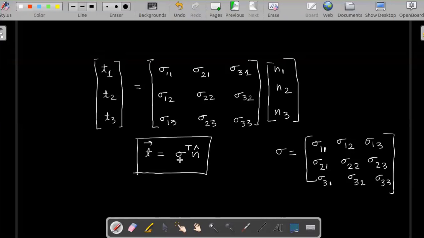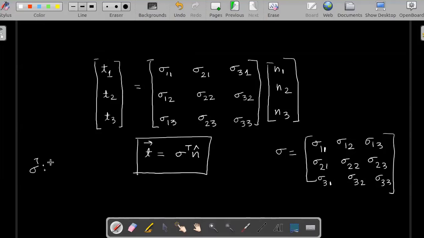But the question is, what is the unique thing in this? We all know sigma is the stress component, so what new thing have we found? For that I am giving the weightage to this. If you carefully see what this equation represents, consider sigma transpose as an operator.